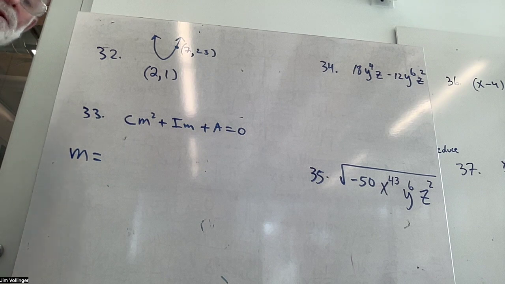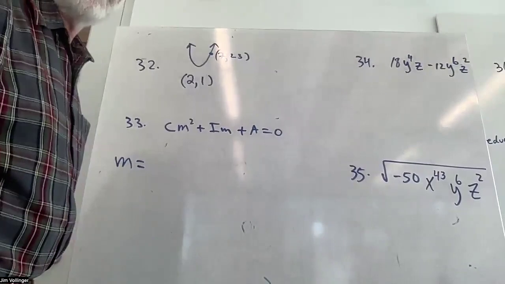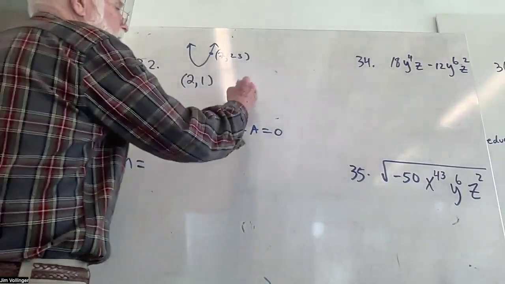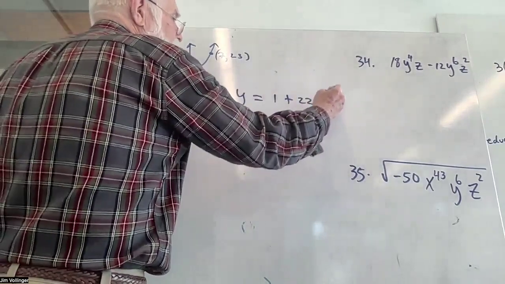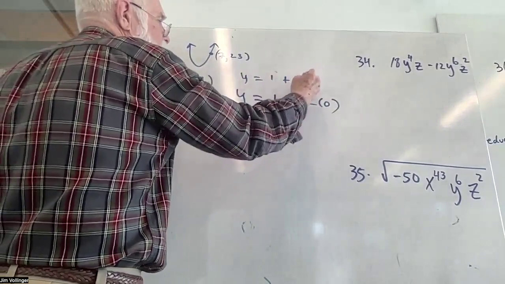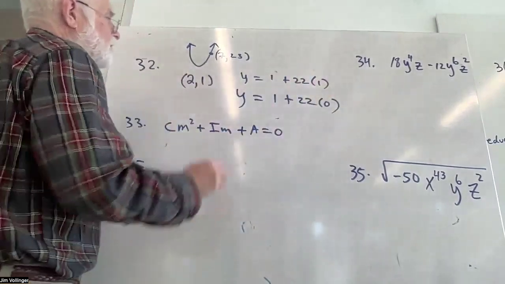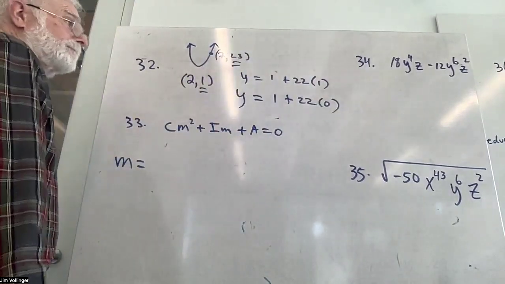Yeah, so let's get back to our initial discussion in the first series of questions, 1 through 19. And let's write y equals 1 plus 22. I need that to be times 0, and I also need it to be times 1 in order to get the numbers 1 and 23 out of this.